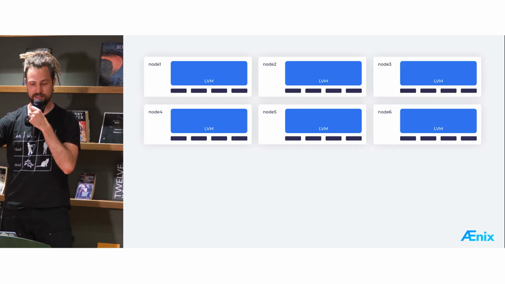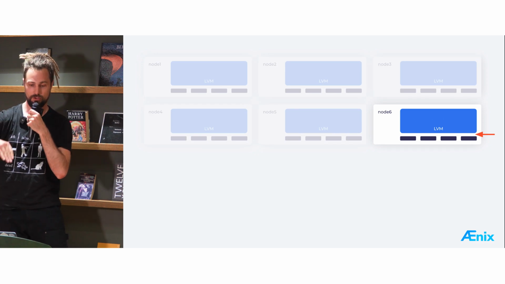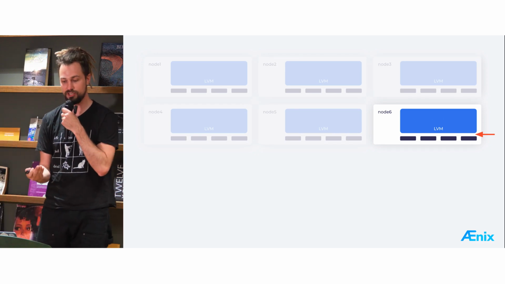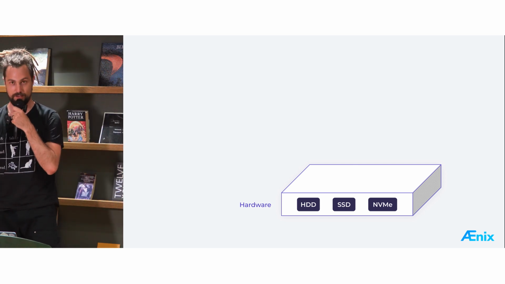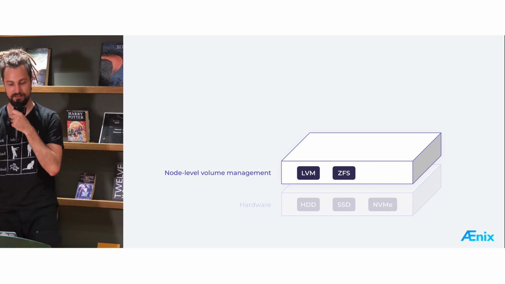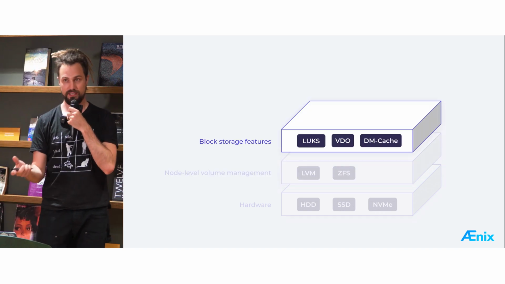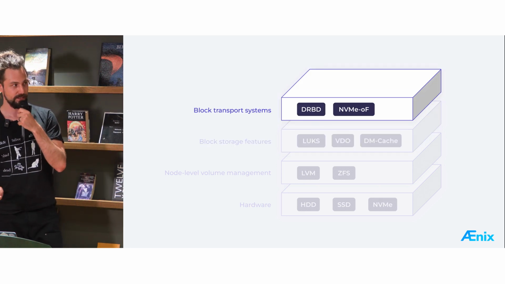Before we start placing something, we need to put some drives into the nodes and explain to LINSTOR which drives are used to store the data. First we put those drives, then we create an LVM or ZFS pool on top of them, and the same we can see in LINSTOR.